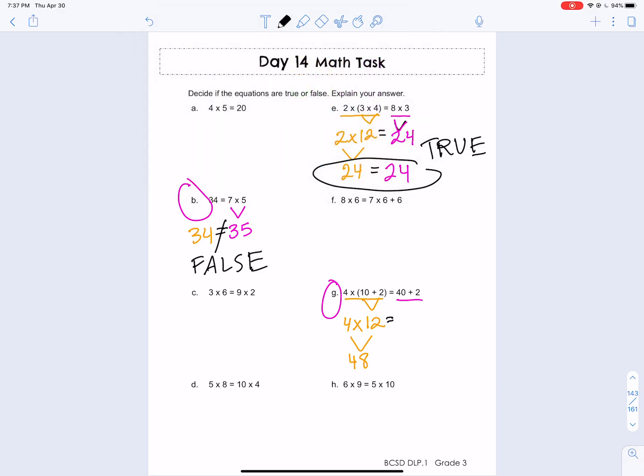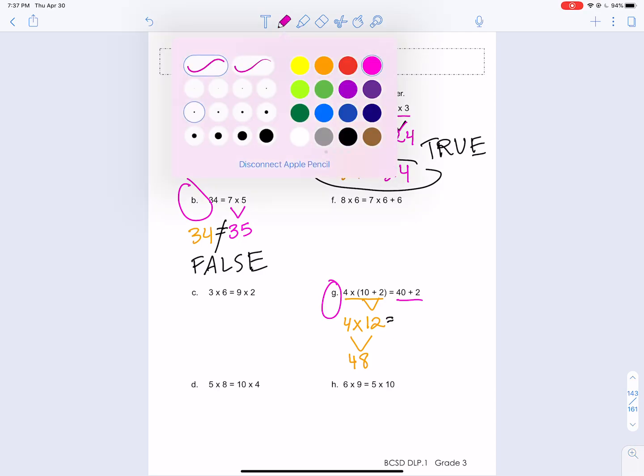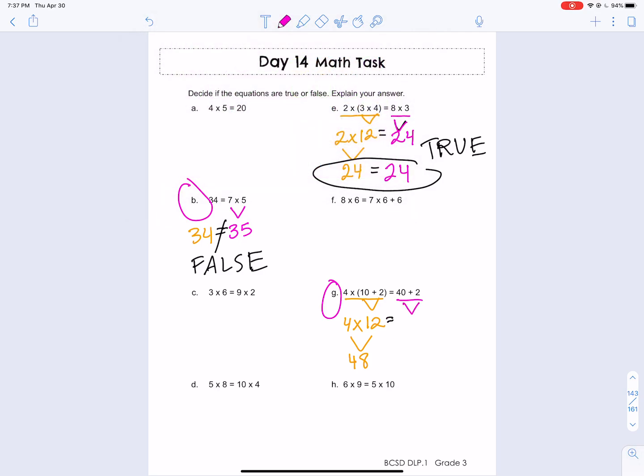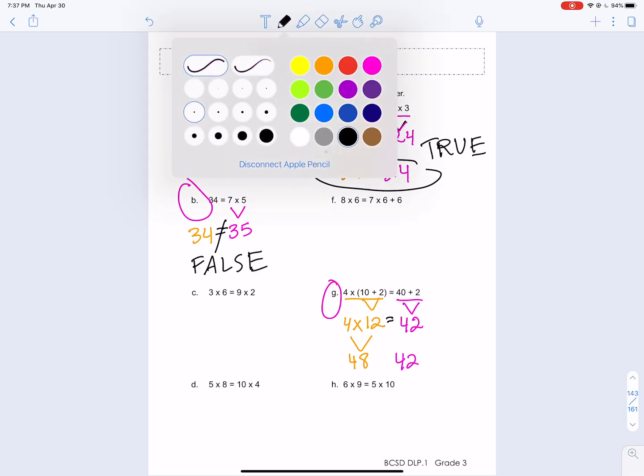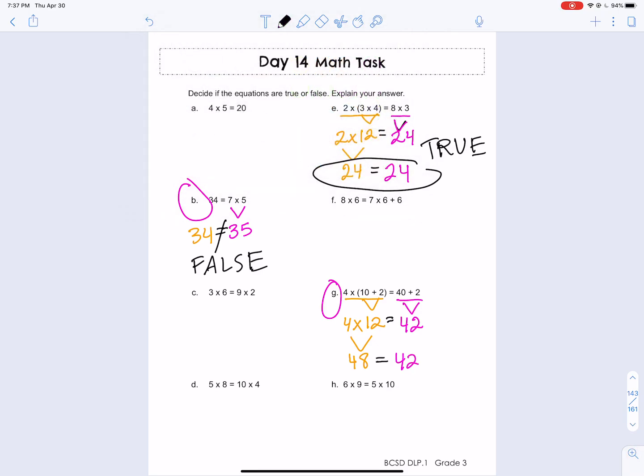All right, let's see if that balances the other side of the equation. 40 plus 2 is 42. So does 42 equal 48? It certainly does not. The two sides do not match. Therefore, this is also false.